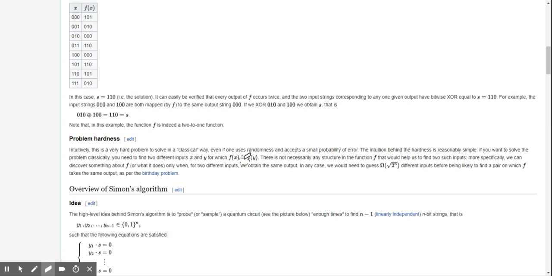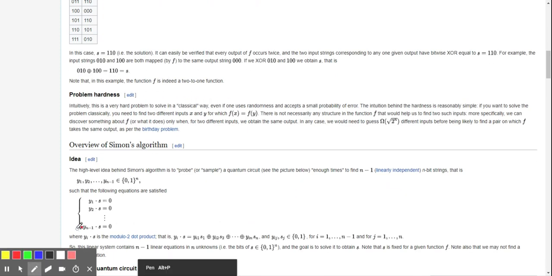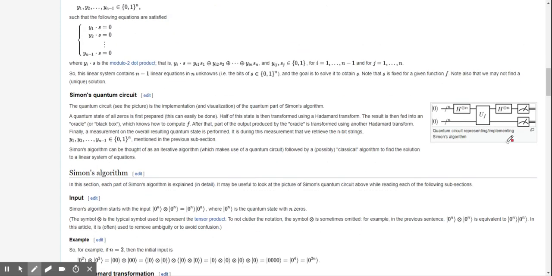But then let's assume we have that. How come that once we then apply the Hadamard in here, what is it that we're getting that turns into something that satisfies y times s equals 0, because we're measuring everything in here, the input and the output.